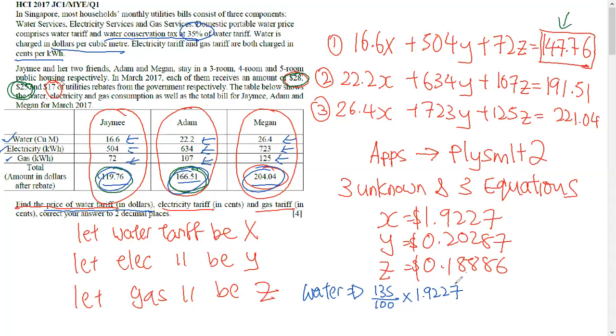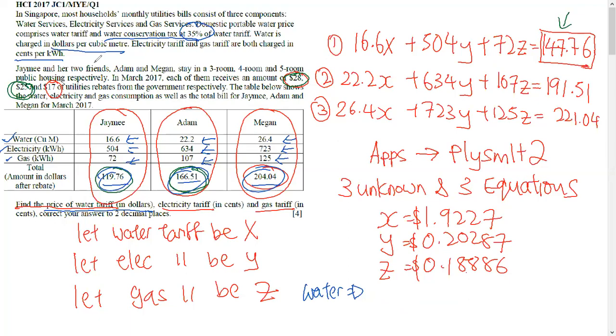Oh, sorry, it's the other way around. Because this 35% tariff is applied to the value already, to get the original cost, we have to divide by 135% instead.